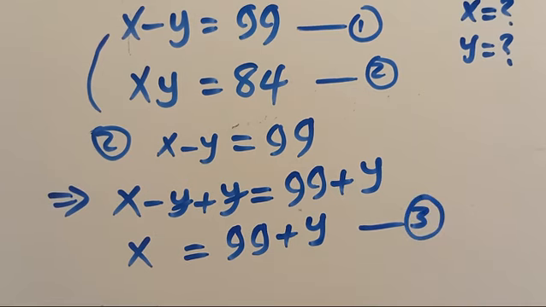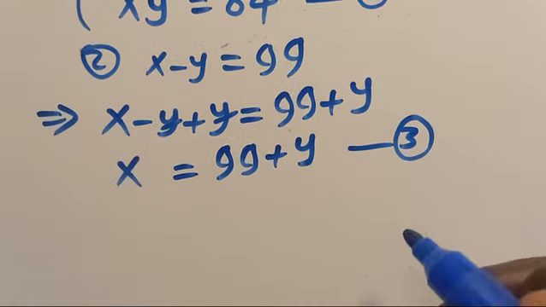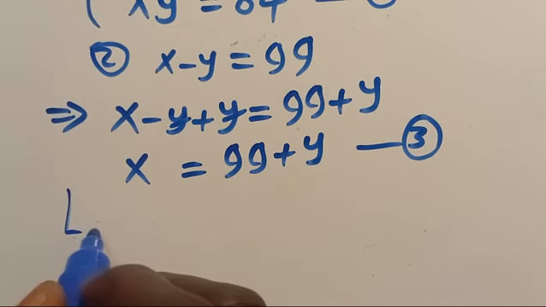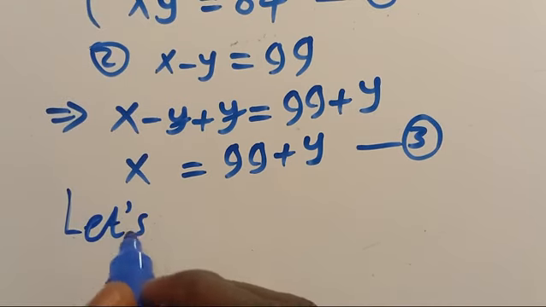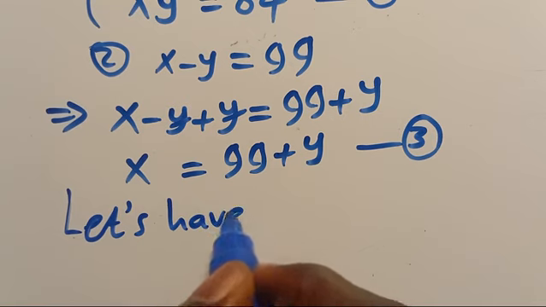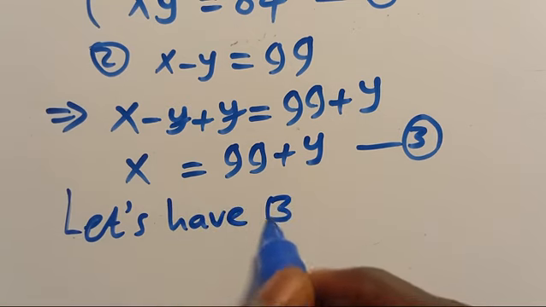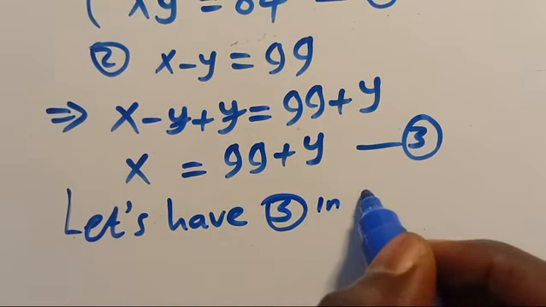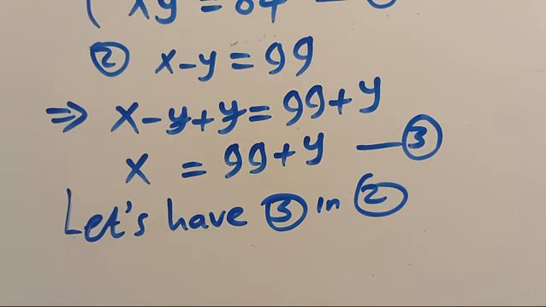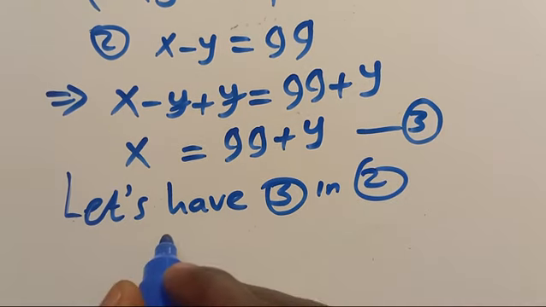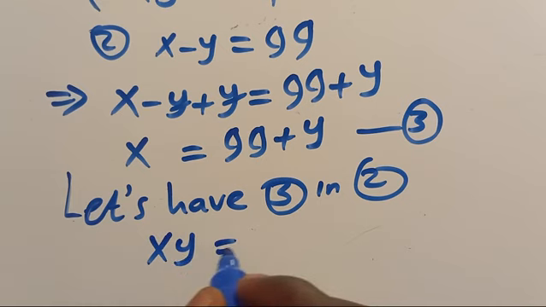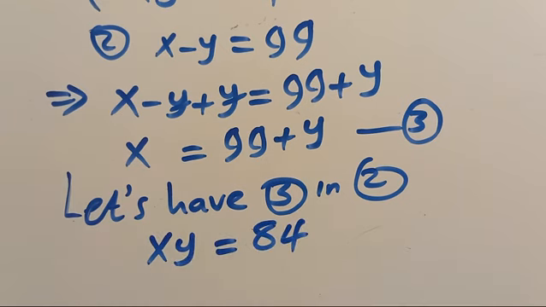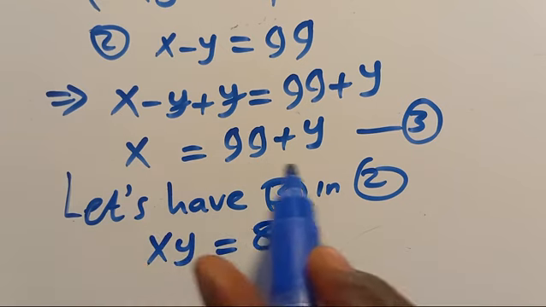Then from here, let's substitute equation 3 into equation 2. So we have equation 3 and 2. We have equation 2 as xy equals 84, and we say x equals this.